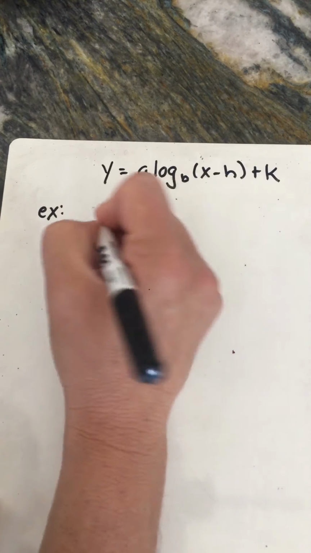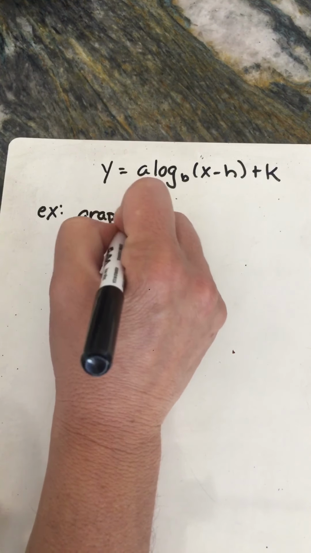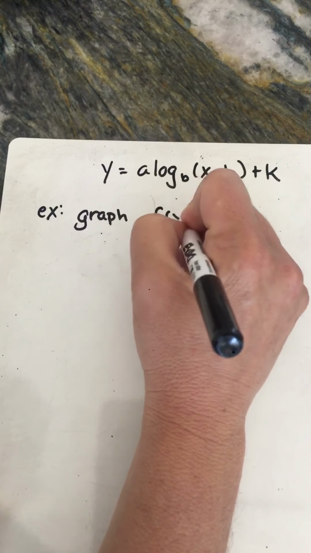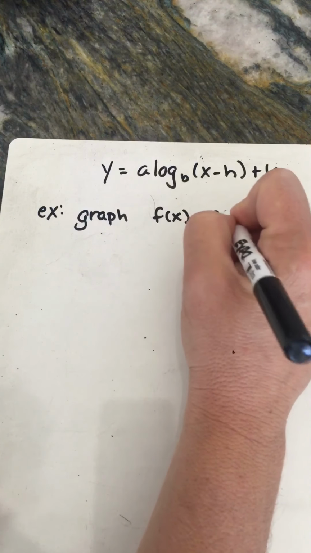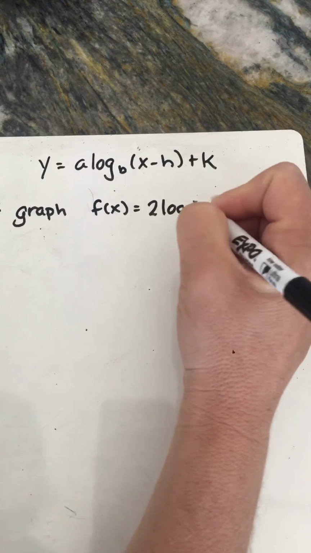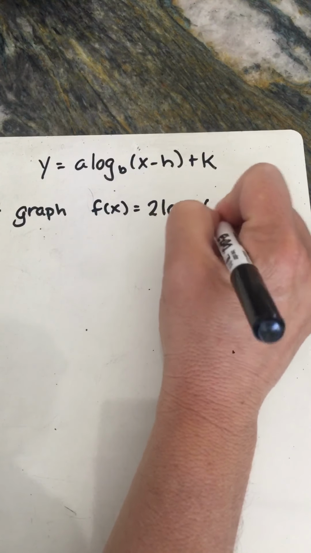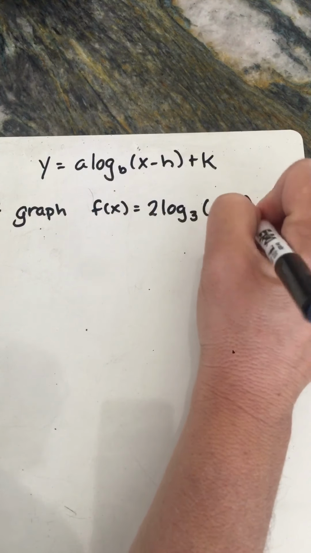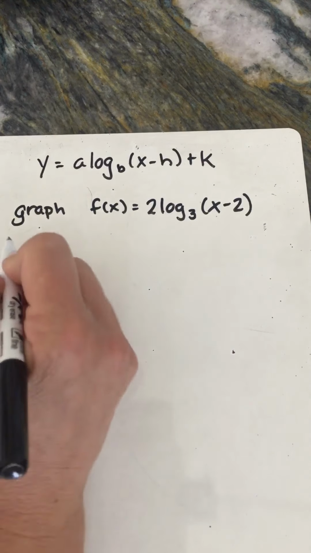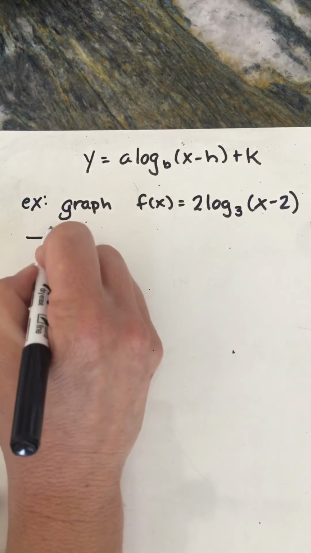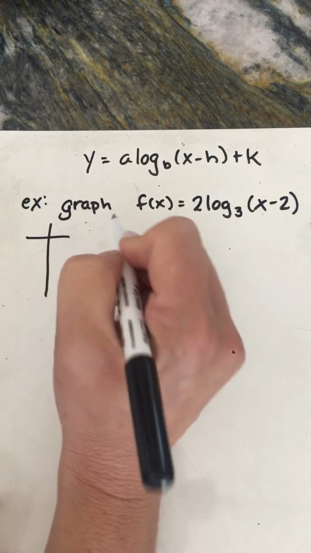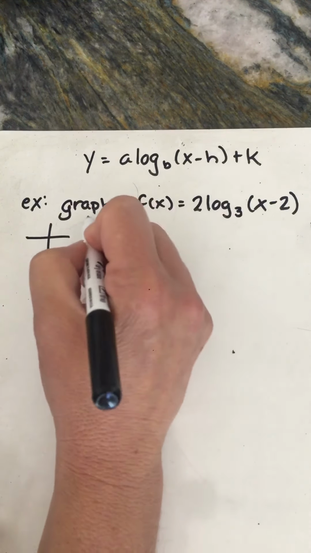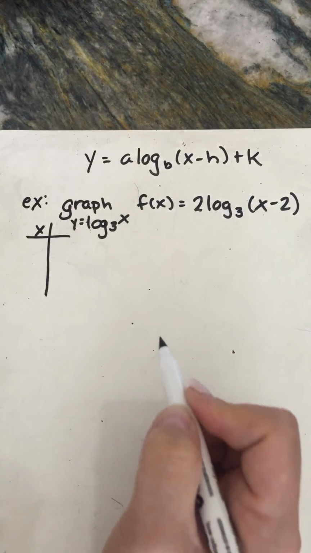We're going to graph f of x equals 2 log base 3 of x minus 2. All right, let's start off with our chart for just log base 3 of x. Let's just do that one, okay? And then we'll change it.